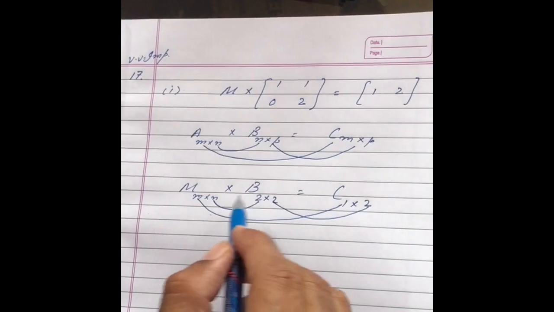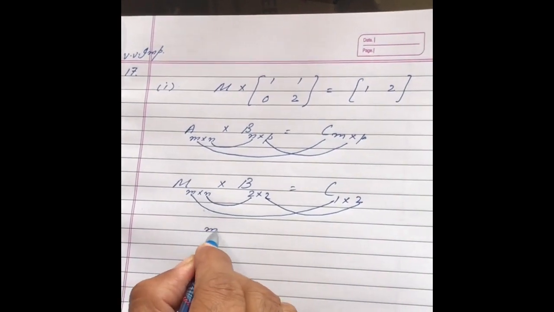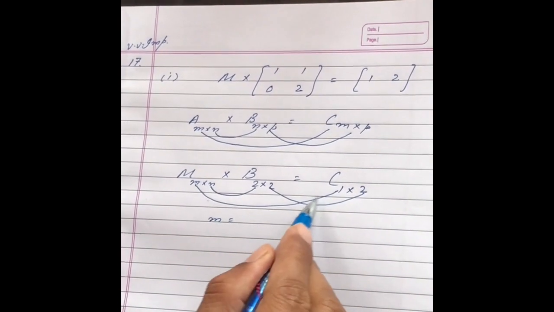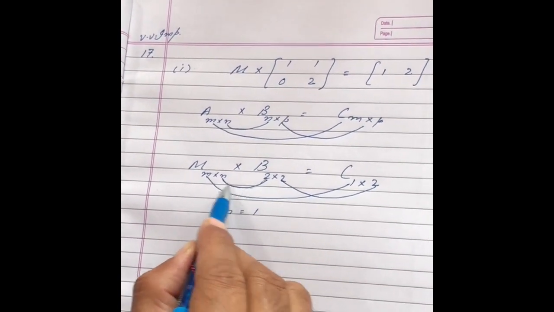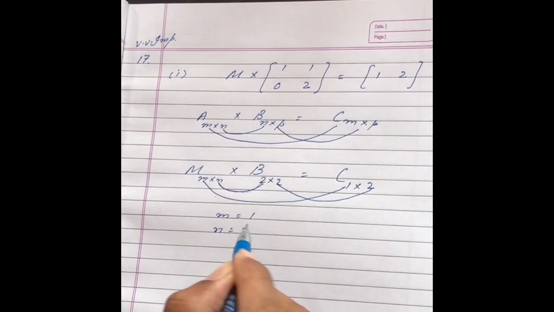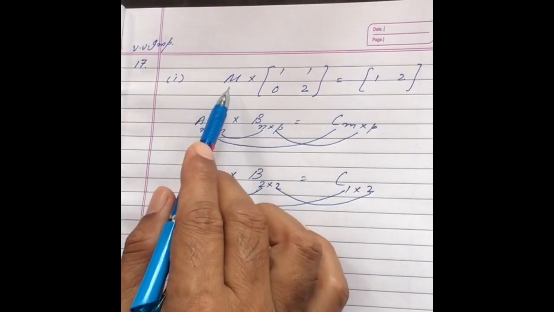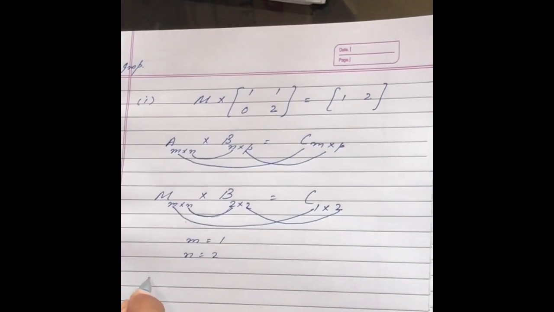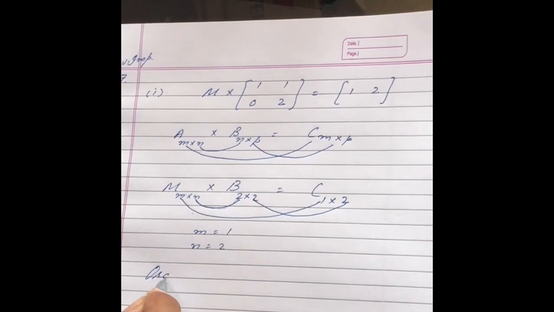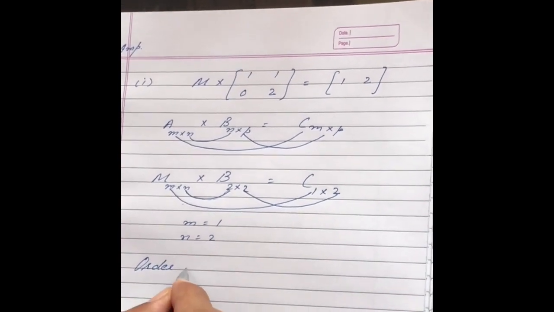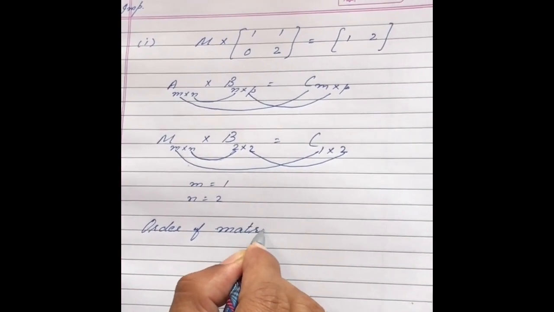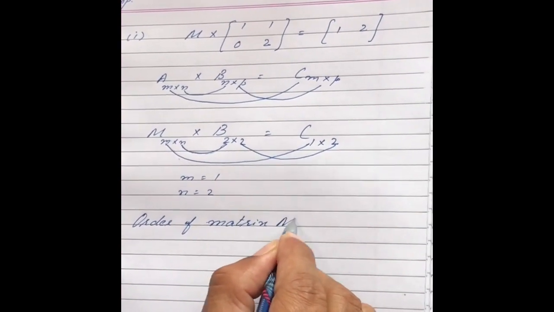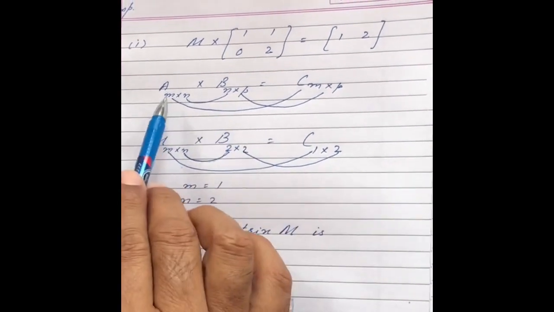So what will be the value of m? m is 1. What is the value of n? n is 2. So the order of matrix M is m into n.